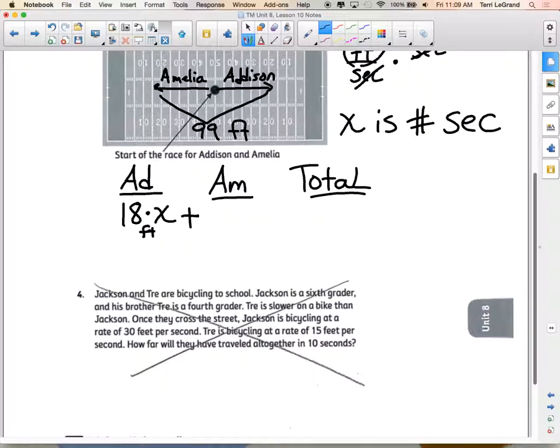How about Amelia? What's her multiplication going to be, class? 15 times x, and that also is going to represent how many feet Amelia runs. And all together, we want to know after 99 feet, right? Okay. You go get that all done on the work page.